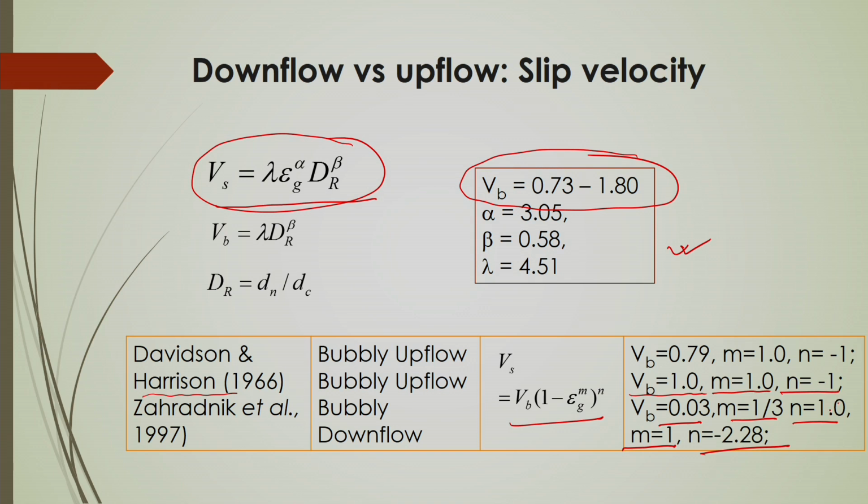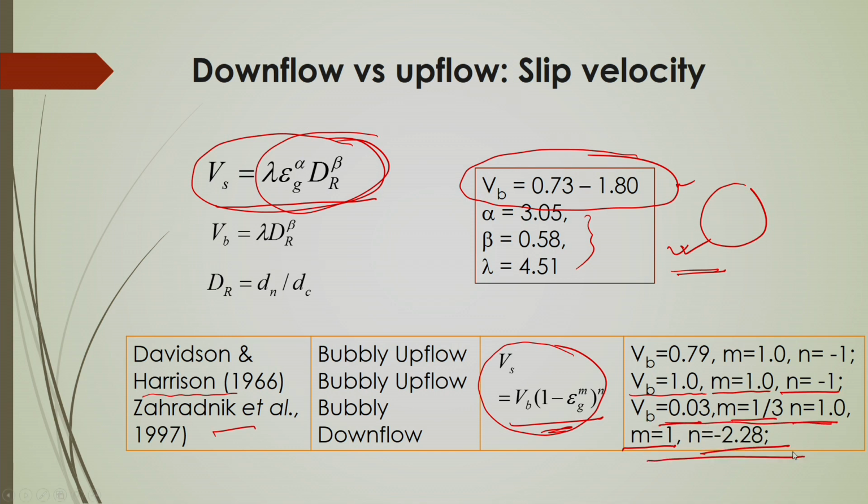In case of Majumdar et al., published in 2006, as per this function this Vb should be within this range, where alpha and beta will be defined like this. But in the other case, they have suggested this function of the slip velocity like this, and according to their model this Vb will be 0.03, where m and n are 1 by 3 and 1.0 respectively for the downflow system.